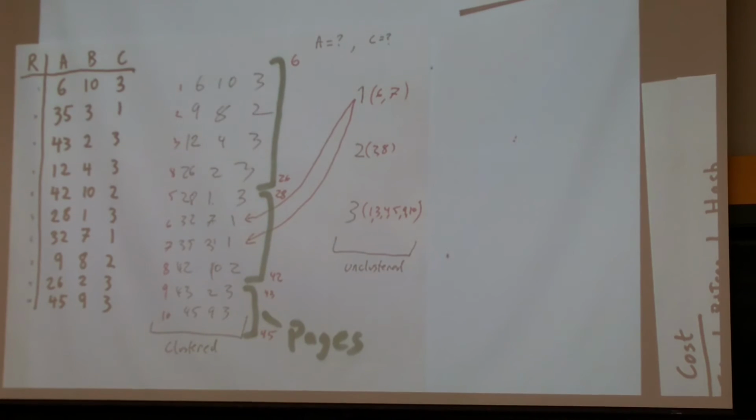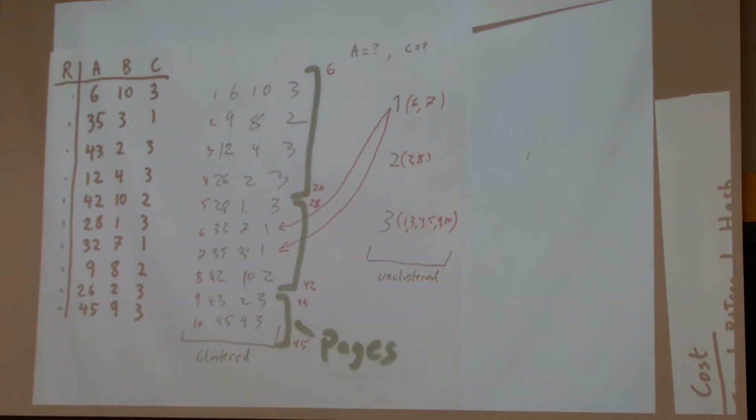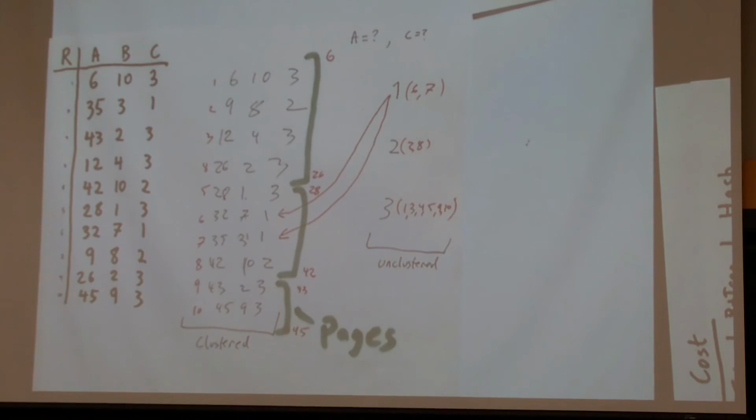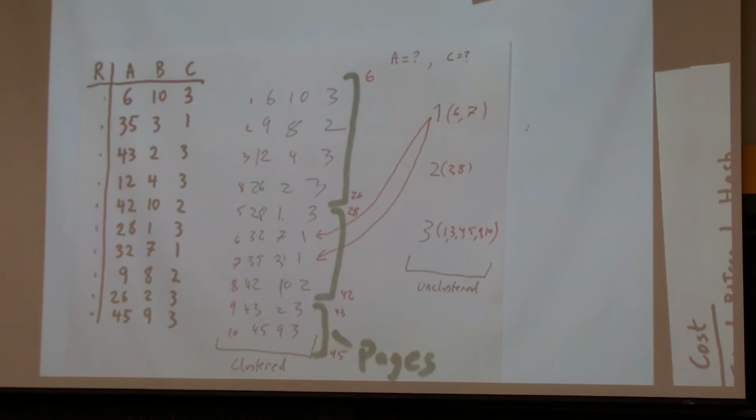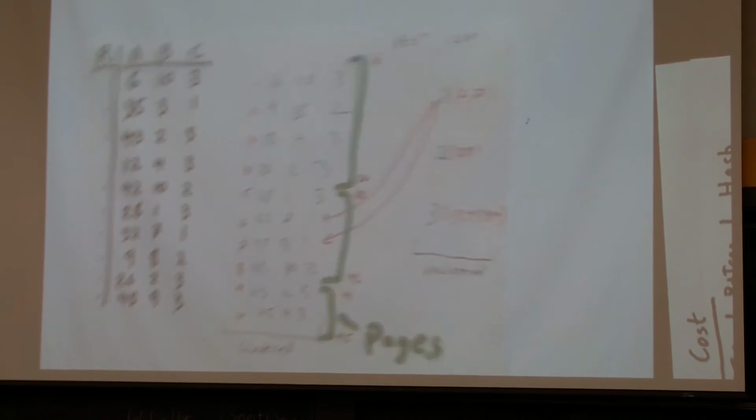Now let's say I'm doing just equality predicates. Another way that I could store the information I need to store is to put all of my data into buckets and make sure that I can keep track of what data went into which bucket.